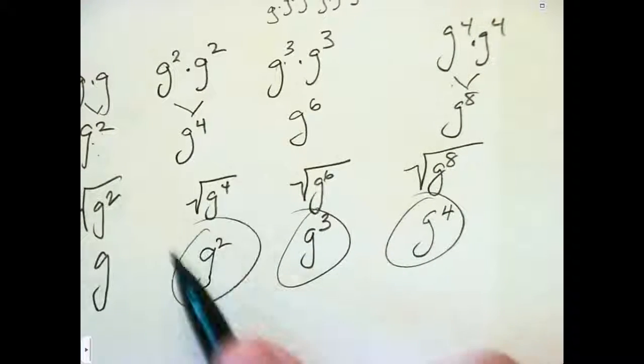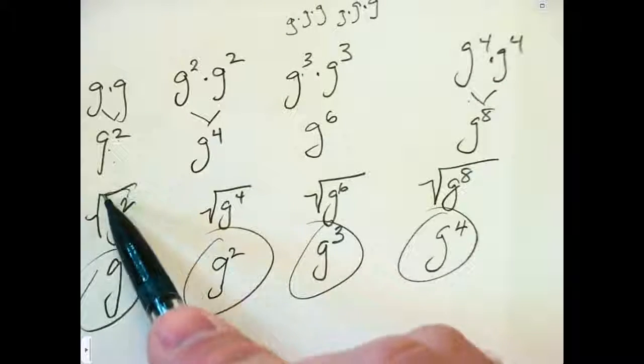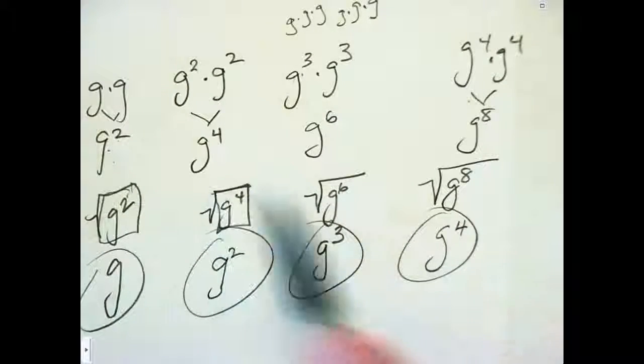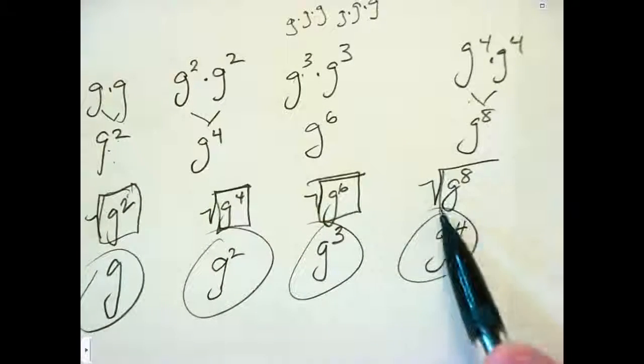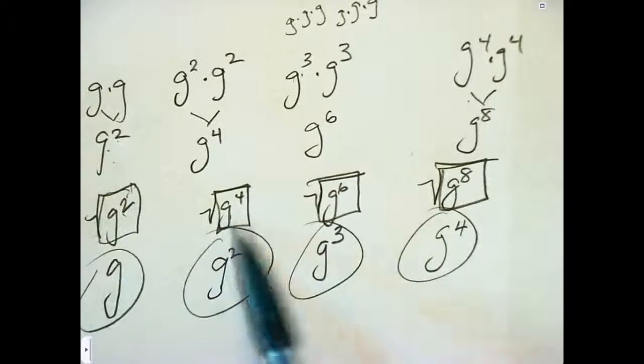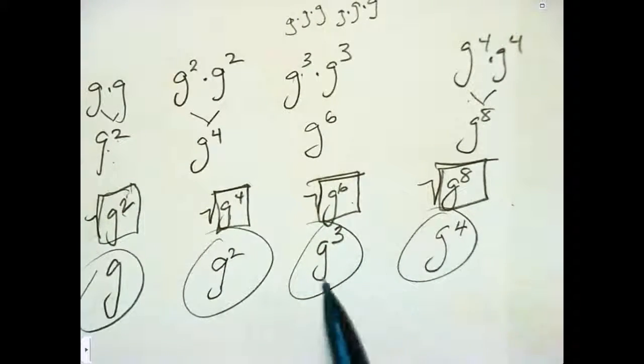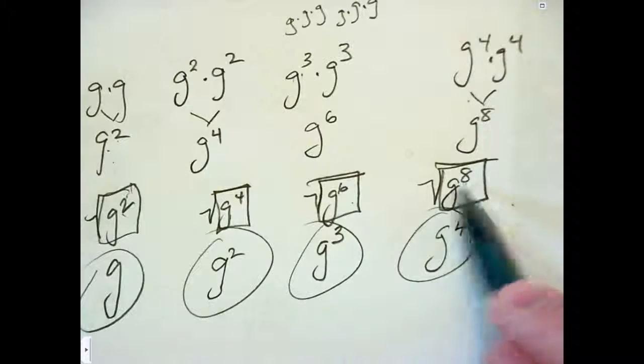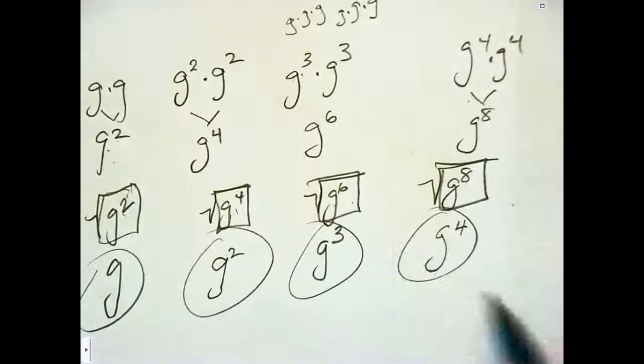What do all of these numbers inside your radical that are perfect roots have in common? They all go up by 2. They're all what type of numbers? Even numbers. The only perfect squares when you're dealing with variables are even powers.